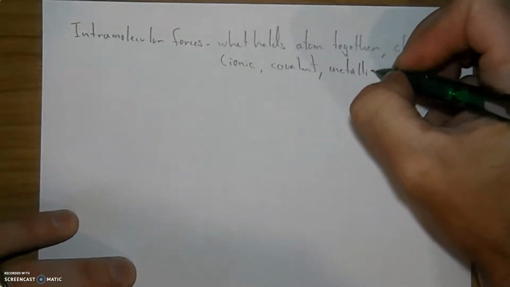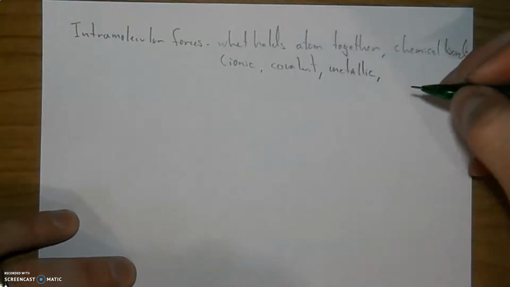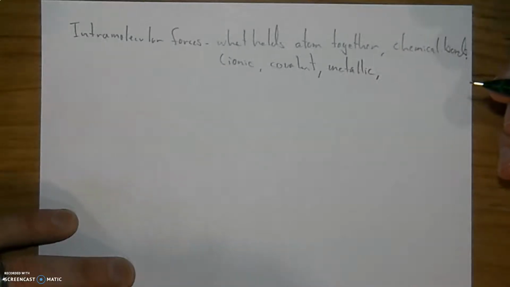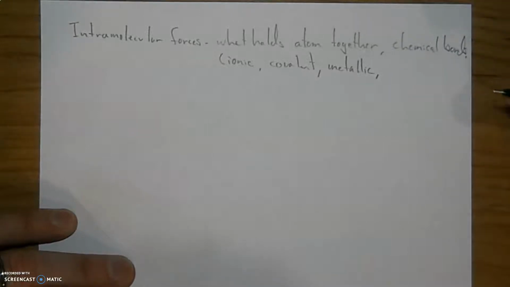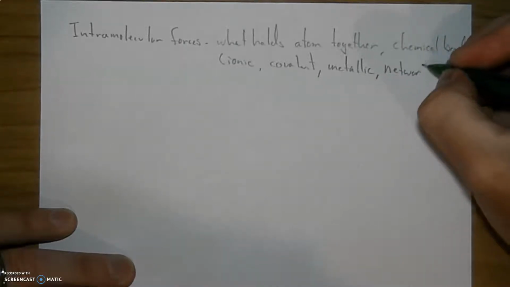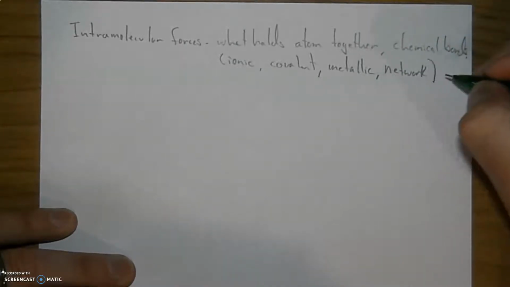Metallic bonds. If you think of copper, there are all these different copper atoms interconnected between the positive nuclei and the decentralized valence electrons, which are shared amongst all of the atoms. Those are metallic bonds. And then there is network covalent, and that is a network.